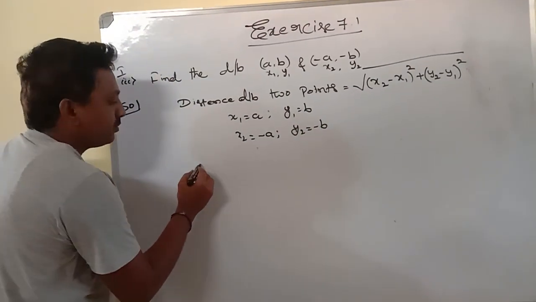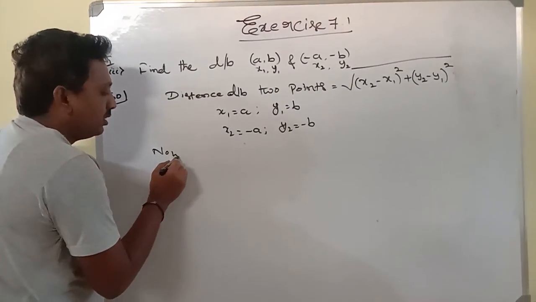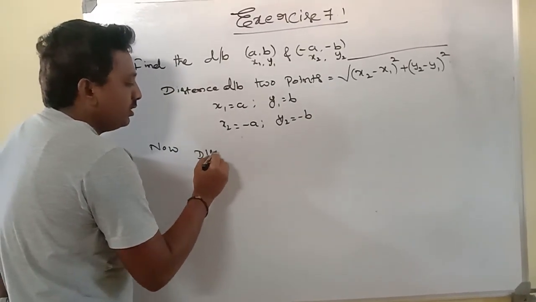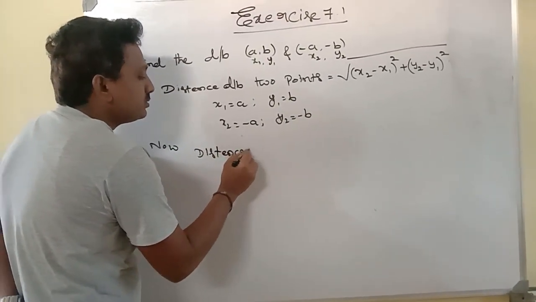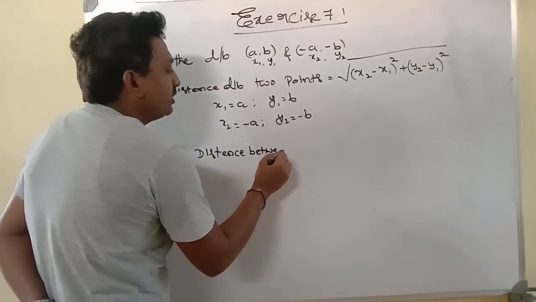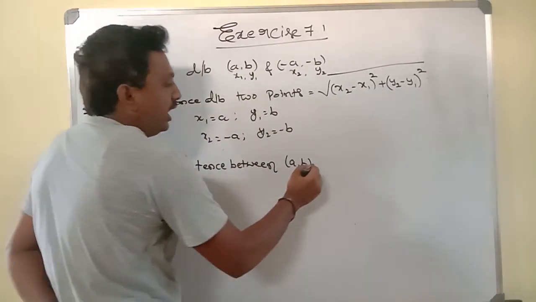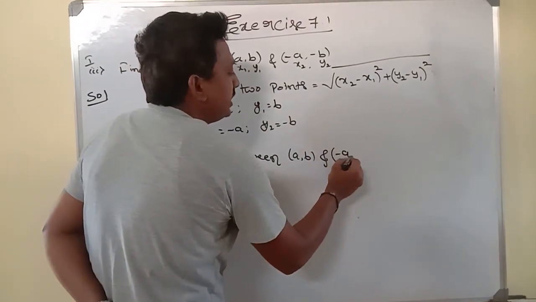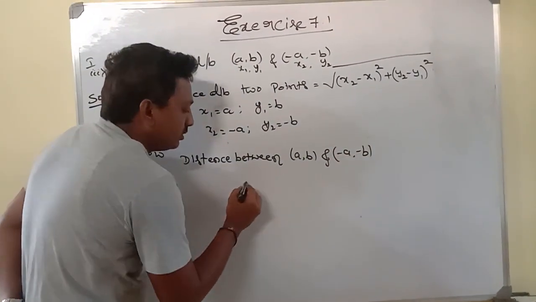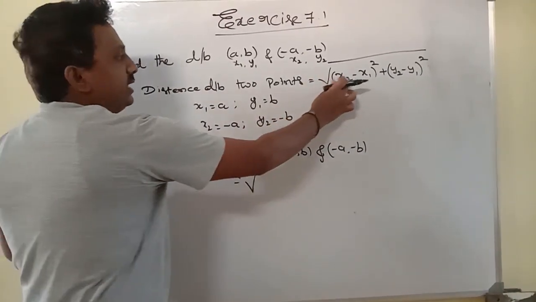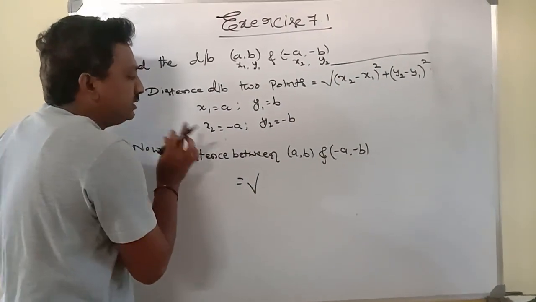So now the distance between (a, b) and (-a, -b) equals the square root of (x2 minus x1) whole square. What is x2?